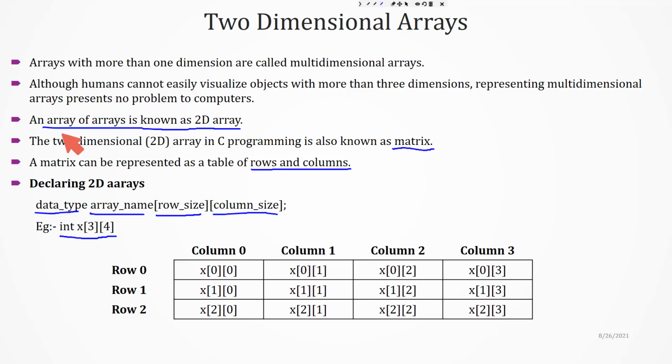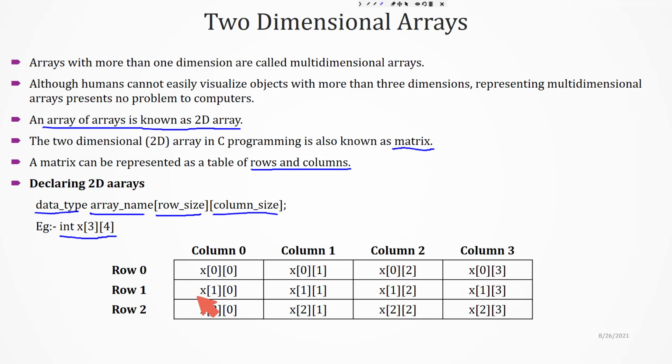The meaning of this will be clearer later. So a two-dimensional array is a multi-dimensional array which contains rows and columns. It looks like a table, like a matrix. Here 3 rows and 4 columns are there, so in total we can store 12 integer elements.